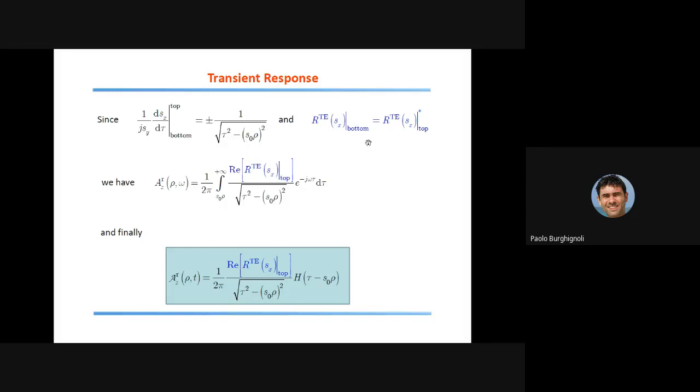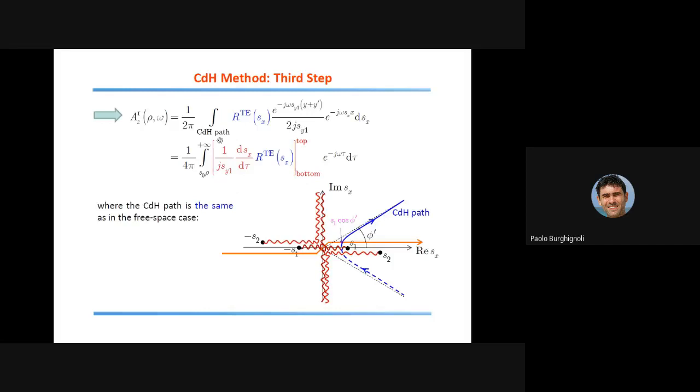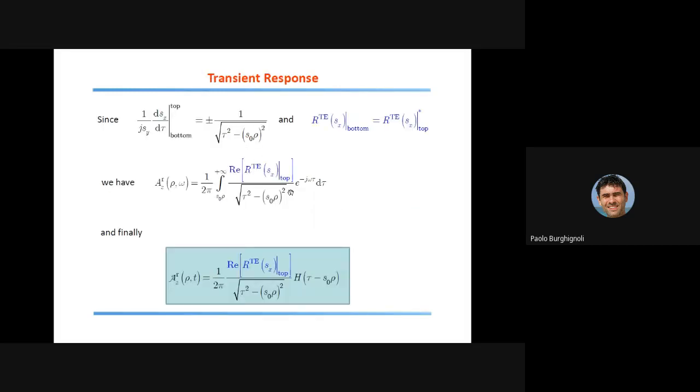So when you evaluate the difference, what remains inside the integrand is a fraction in which the numerator is the real part of the reflection coefficient evaluated on the top part only of the Cagniard-de Hoop path, the blue part here, and the denominator is the square root that was already present in free space.